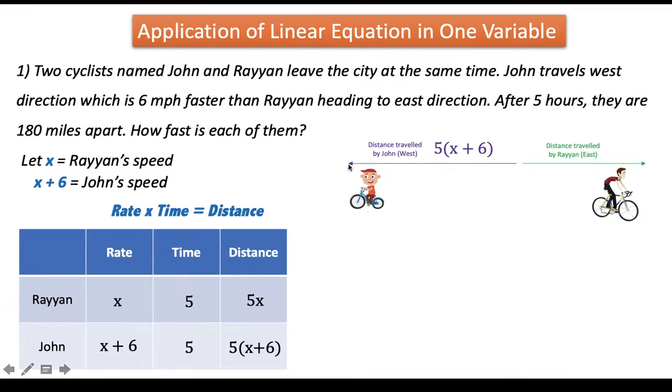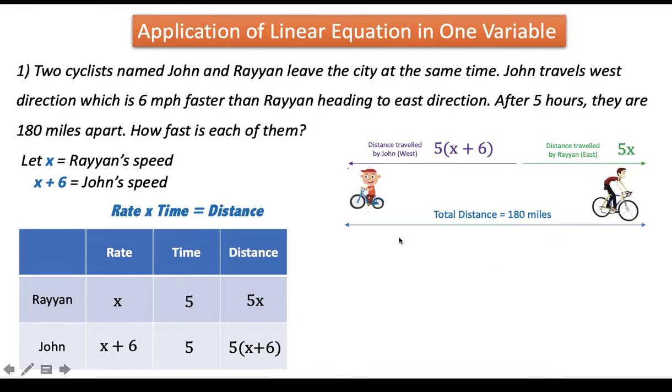The distance traveled by John is represented by 5 times the quantity x plus 6, and the distance traveled by Ryan is represented by 5x. If we add their distances, it makes 180 miles. So they are 180 miles apart after 5 hours. The question: how fast is each of them?